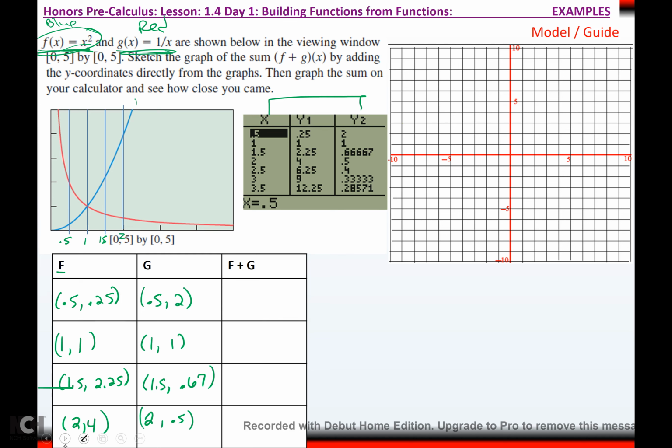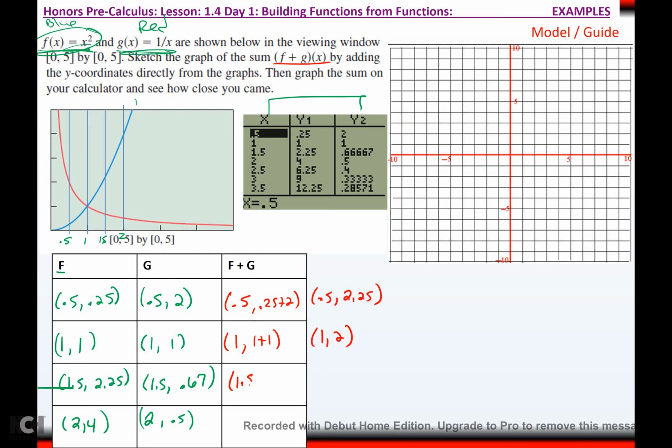So now I can add my functions. Keep the 0.5. Am I adding? Yeah, f plus g. Keep the x, and I have 0.25 plus 2, so that's going to be 0.5, 2.25. This one's going to be 1, 1 plus 1, that's going to be 1, 2.